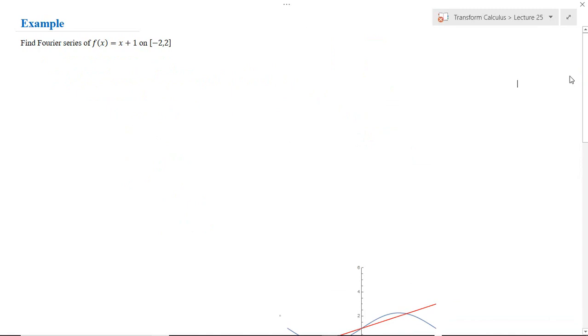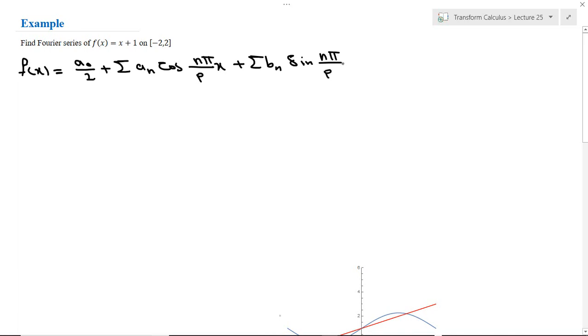So now we use this definition to find the Fourier series of one function. We want to find the Fourier series of f(x) equal to x plus 1 on the range of minus 2 to 2. In order to find the Fourier series of this function, based on the definition of Fourier series, we have f(x) equal to a0 divided by 2 plus the summation of an cosine n pi over p x plus the summation of bn sine n pi over p x, and n is from 1 to infinity.